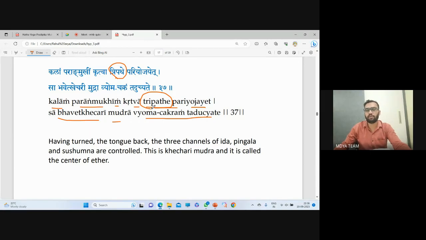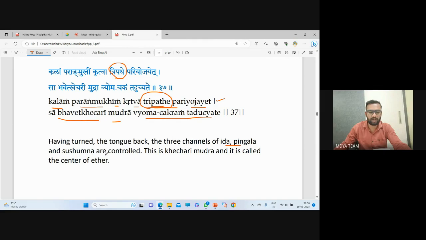And here we call those rivers the 3 nadis: Ida, Pingala, and Sushumna. Okay, they merge at the point of the Agya Chakra. So this exercise will help to merge them.